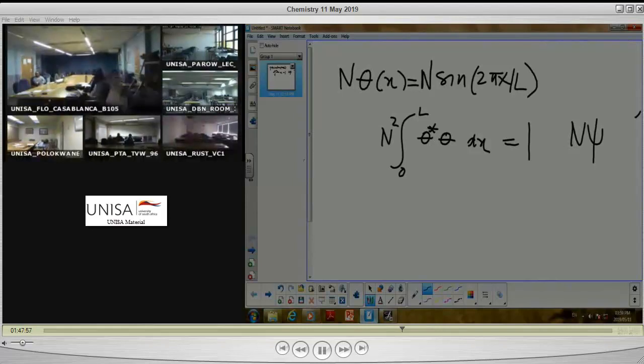You know what complex numbers are. So if we've got a complex function, we put the complex form here, and we put the real part there.